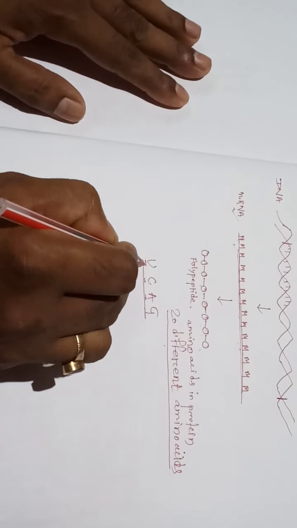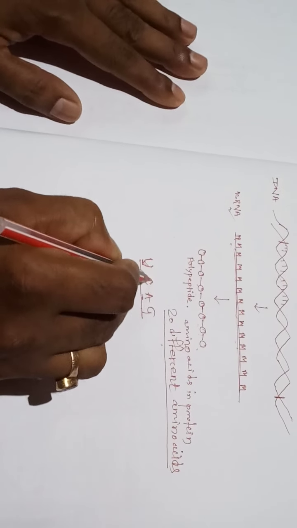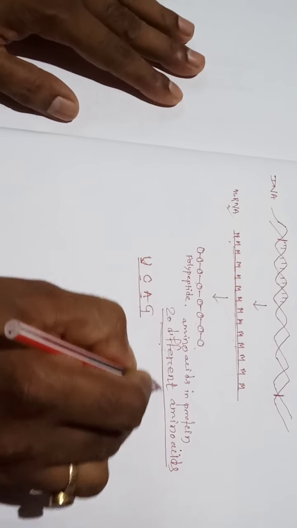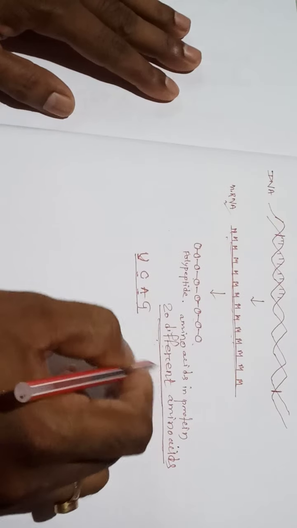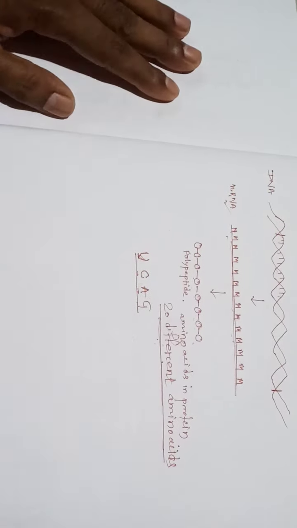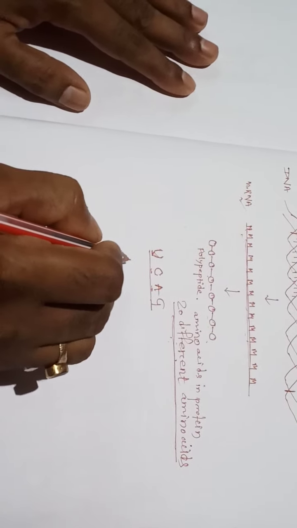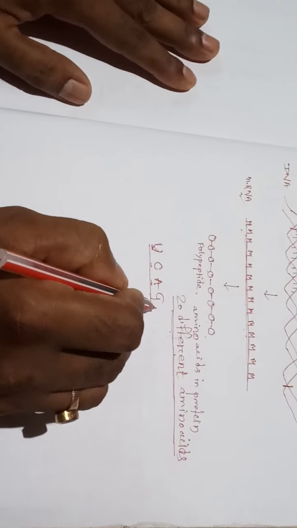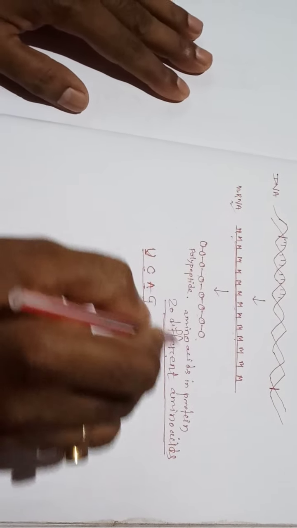So how these 4 types of nucleotides code for 20 different amino acids is the main basis of the genetic code. Okay, to understand this, we first go through, hypothetically, how the code was deciphered.